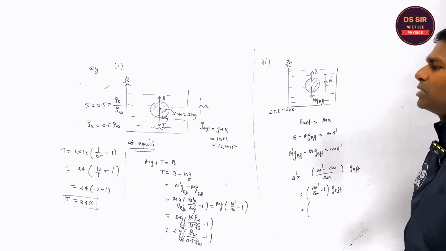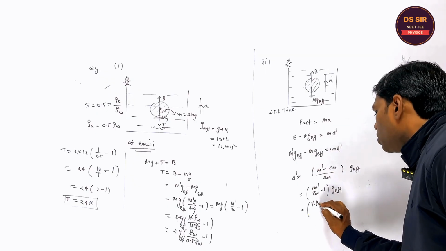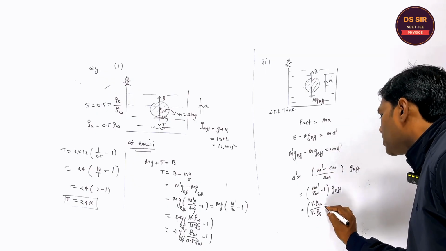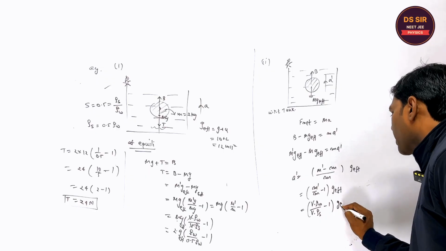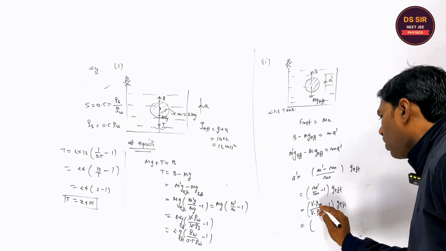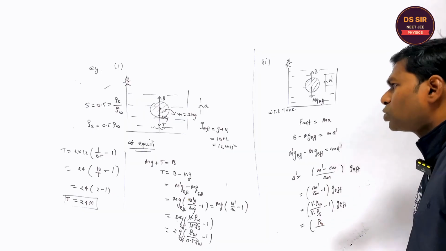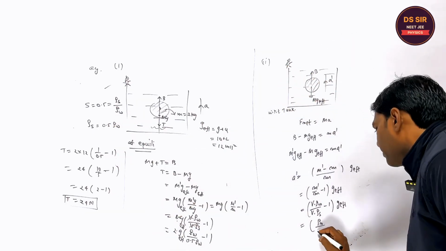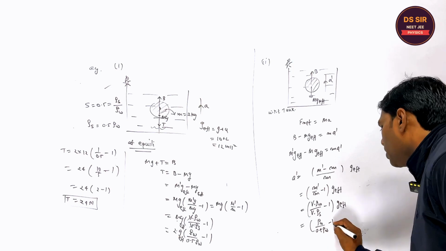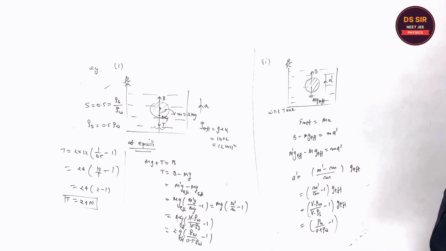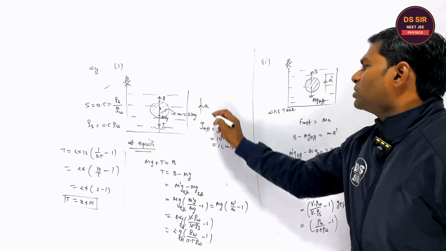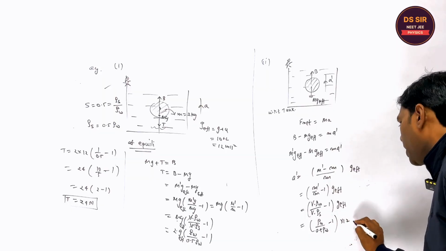What is the m dash? Volume into density of water, and m is volume into density of solid, with g effective, right? Rho water as it is. What is the rho solid? It is 0.5 rho water, minus 1. What is the g effective? g effective is 12 over here.